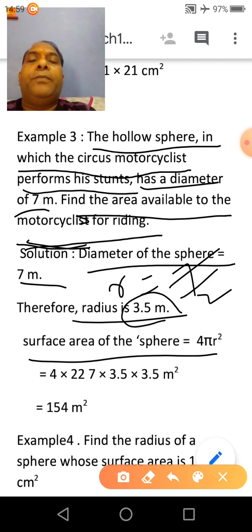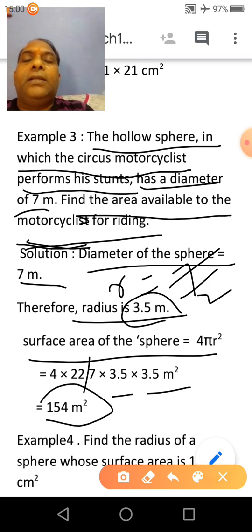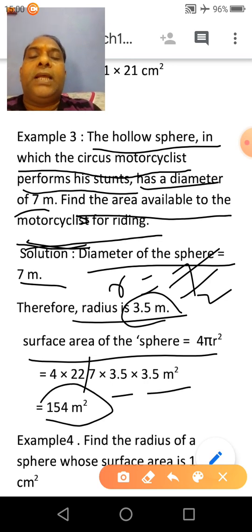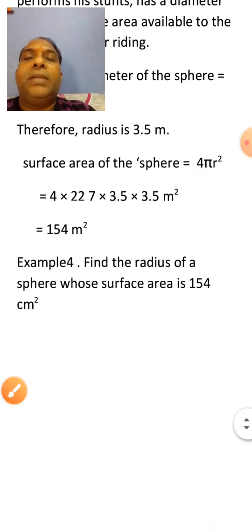Now put the value of pi and r, 22 by 7 into, put the value of r also and calculate it. Then you have 154 meter square. So 154 meter square is the area available to the motorcyclist for riding. Clear? See the next example.